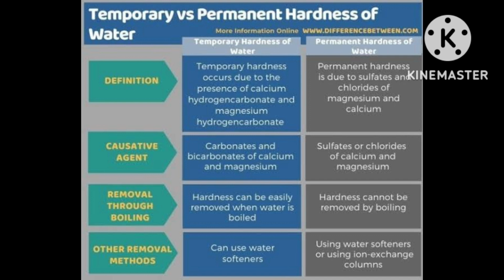In shortcut, you can say chloride of calcium and magnesium, sulfate of calcium and magnesium, and bicarbonate of calcium and magnesium. These 3, if present in water, then you can tell that water is hard. Okay. Hard water does not give lather with soap.